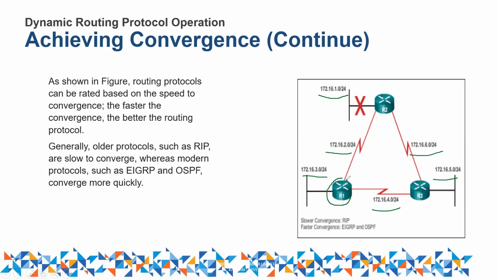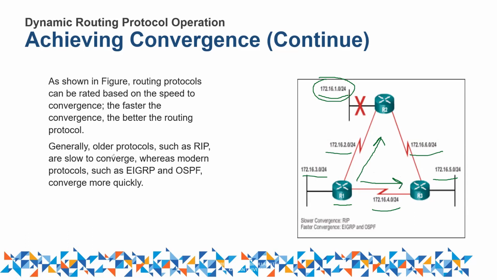Each router will calculate that information. For example, when R1 wants to reach this network, how many paths are there? 2 paths. This is the first path. This is the second path. Which path is the best path? The router wants to calculate. So this is called what? That they will independently calculate it to achieve convergence.